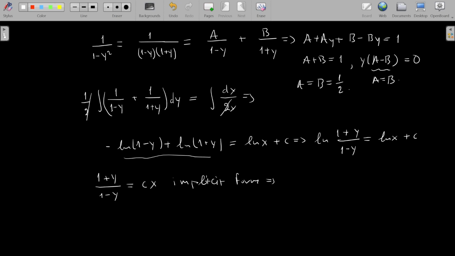And if you separate y and do the math, you will finally get that y of x is nothing more than (x minus a constant) over (x plus a constant), right?